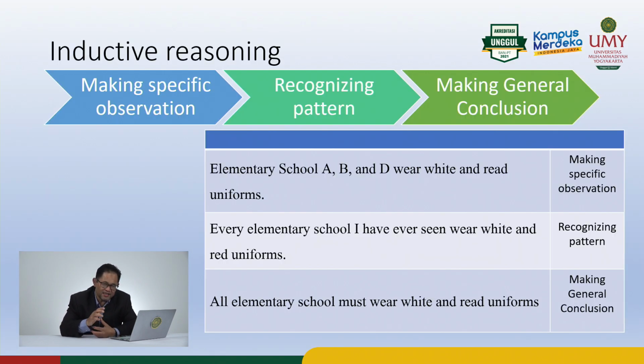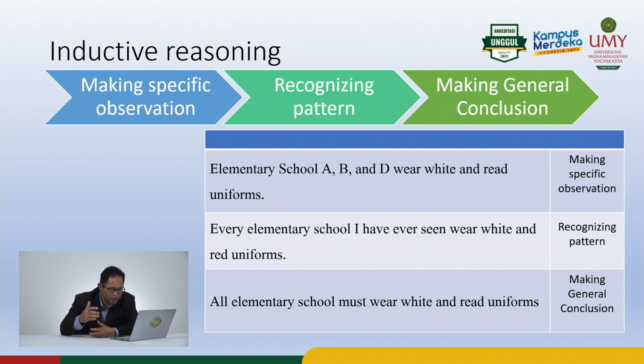In inductive reasoning, you try to think from specific to general. First you make a specific observation, recognize a pattern, and make a general conclusion. For instance, you go to elementary school A, then B, C, and D, and all wear white and red uniforms. These are specific observations.